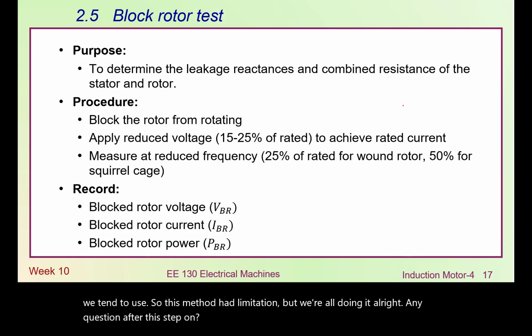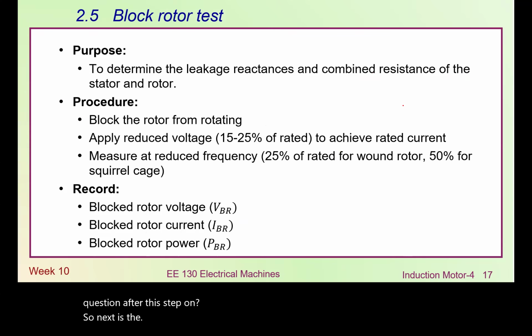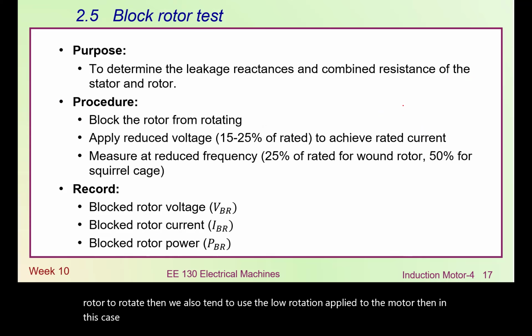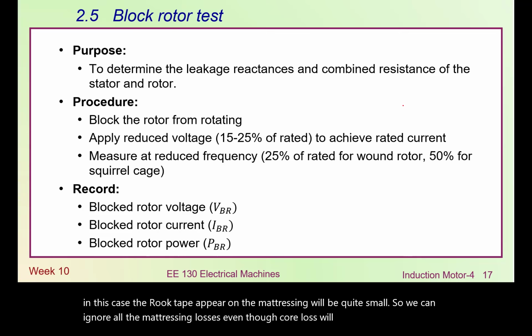So next is the lock rotor test, or the block rotor test. When we block the rotor, not allowing it to rotate, we also tend to use a lower voltage applied to the motor. In this case, the voltage appearing across the magnetizing branch will be quite small, so we can ignore all the magnetizing losses. Even the core loss will be lower because the core loss depends on the B field. With a low voltage, the magnetic field in the magnetizing branch will be small anyway.